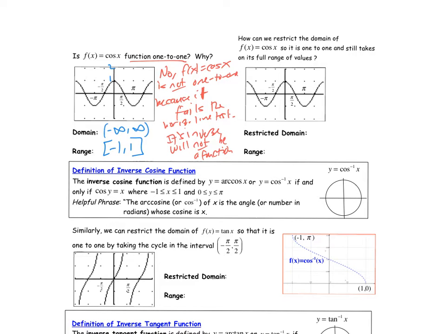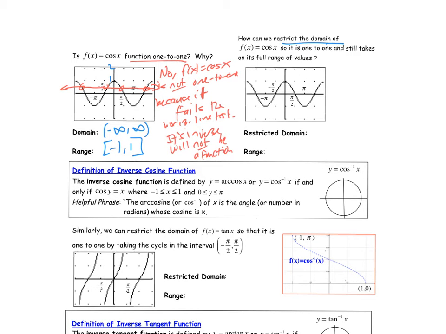Oh, and I'll go back a second. If I draw a horizontal line on the graph of cosine x, you can clearly see that it does fail the horizontal line test. Okay, so continuing on. How can we restrict the domain of cosine x so it is 1 to 1 and still takes on its full range of values?